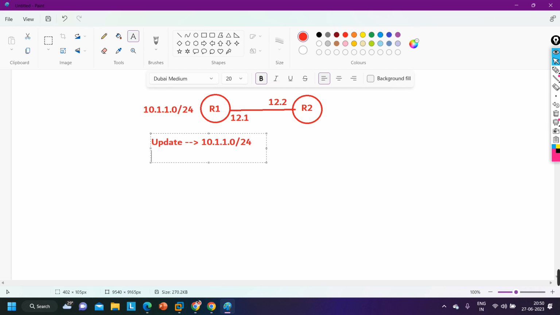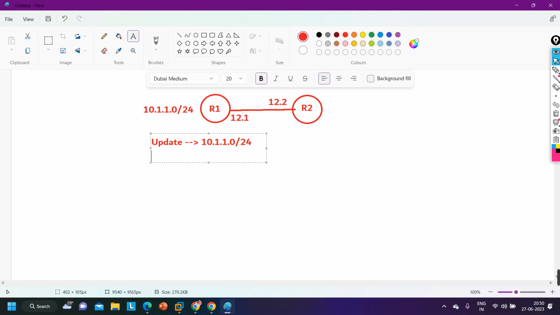After that, it will hand over to the lower layer, the transport layer. The transport layer will add the source port number and destination port number, then hand over to the network layer. At the network layer, it will add the IP header. In the IP header, the source IP will be 12.1.1.1, the IP address of the exit interface from where this router is sending the update message.